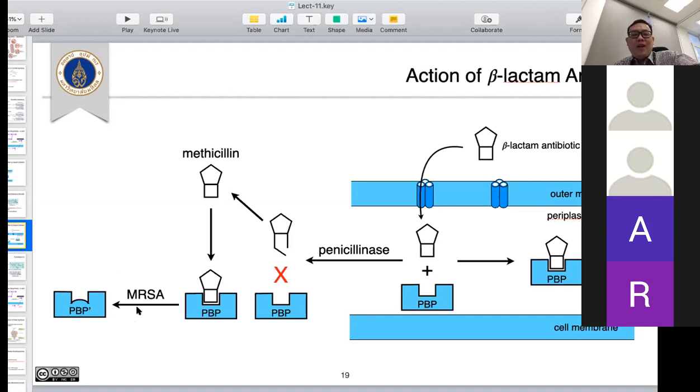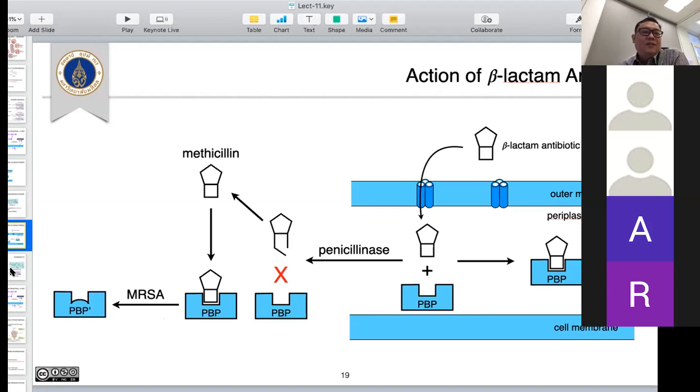Once bacteria mutate PBP like this, that means all classes of penicillin, all antibiotics cannot work. So these MRSA tolerate all penicillin immediately because they ignore the active site of penicillin.